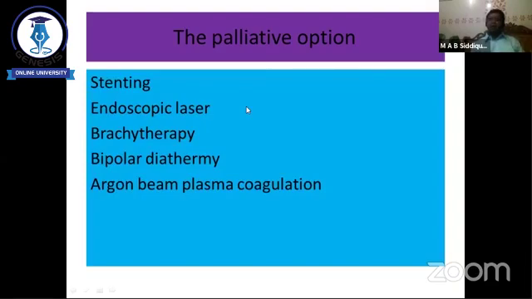These are the options of palliative treatment of carcinoma esophagus, to keep the esophageal channel patent, to maintain the nutrition of the patient, and to prevent dysphagia or odynophagia. By this method, we feed the patient by maintaining the patency of the esophageal lumen.